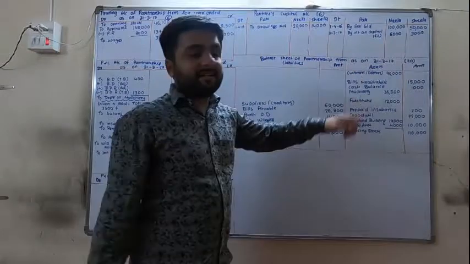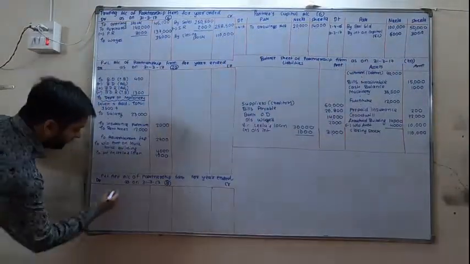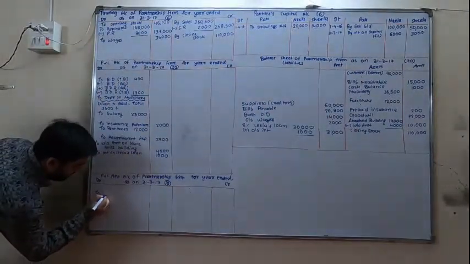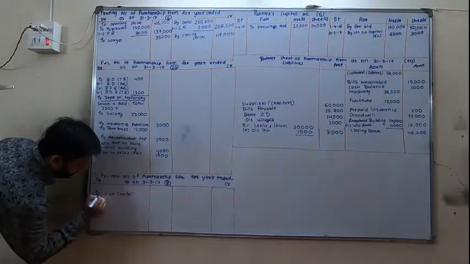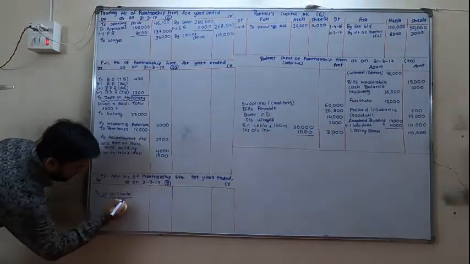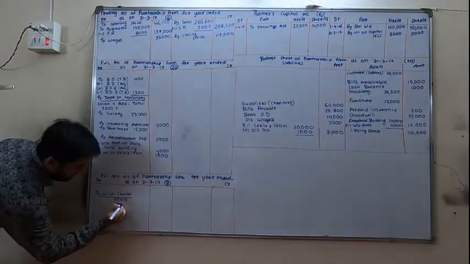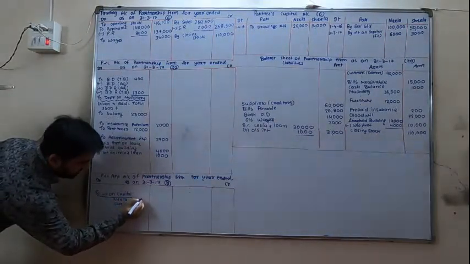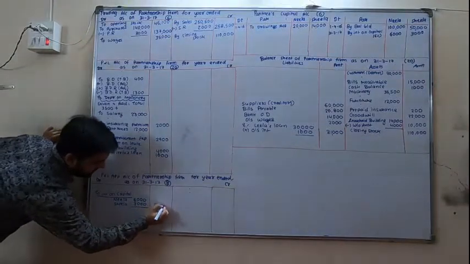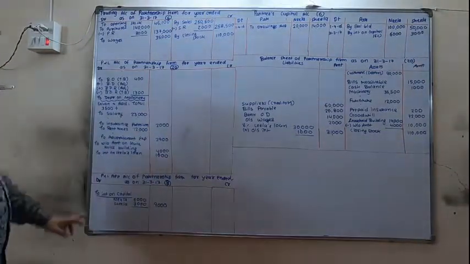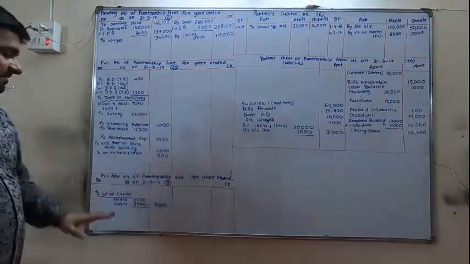There it is credited, here it should be debit after leaving two lines. To interest on capital, Neela, Sheila, 6,000, 3,000, total 9,000.